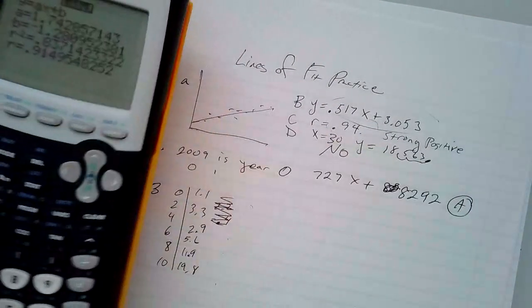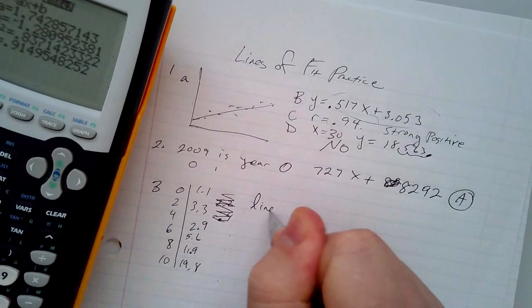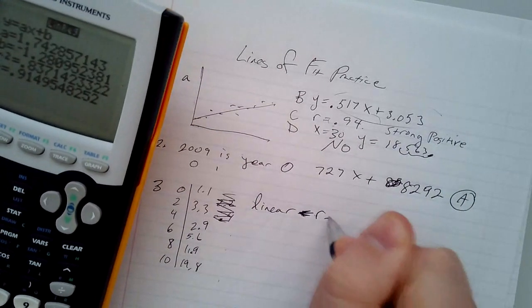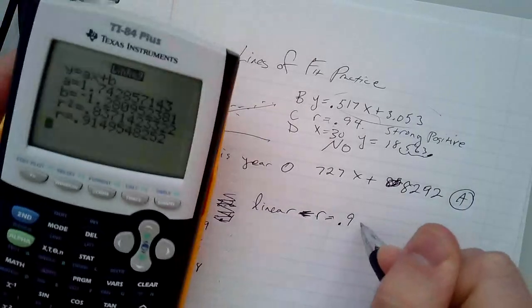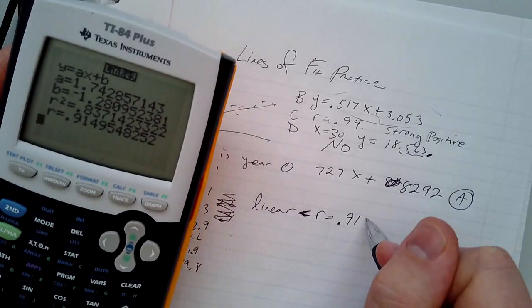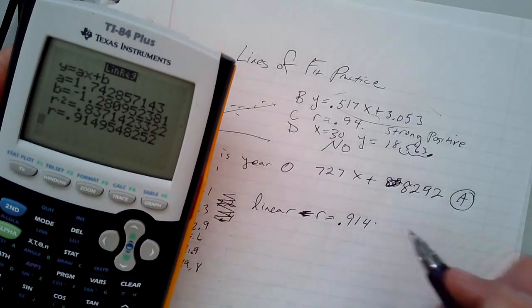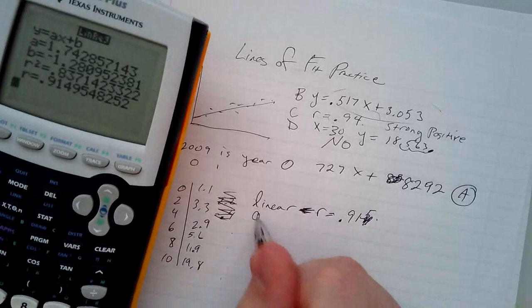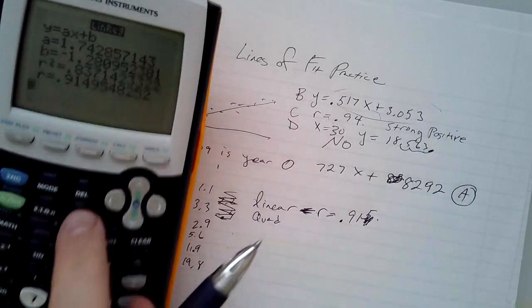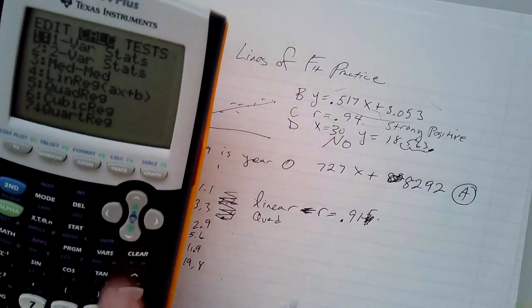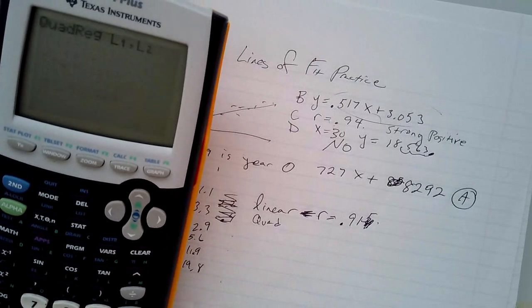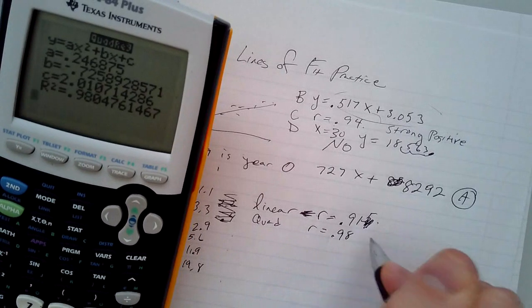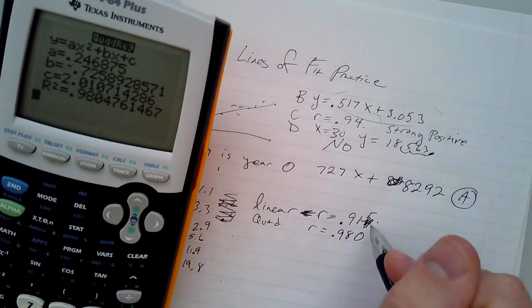Our R value for linear is 0.915. For quadratic, we go down to quadratic regression, and our R squared is equal to 0.980.